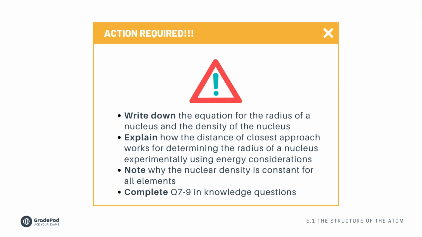You also need to understand the distance of closest approach and how you equate the kinetic energy of the alpha particle, or whatever's being thrown at the nucleus, to the electrostatic energy of the nucleus. You'll also want to include notes on how we calculate the nuclear density and the fact that the nuclear density is constant for all elements. And finally, to really cement your knowledge, go to questions 7 to 9 in knowledge questions, and you can download that below.